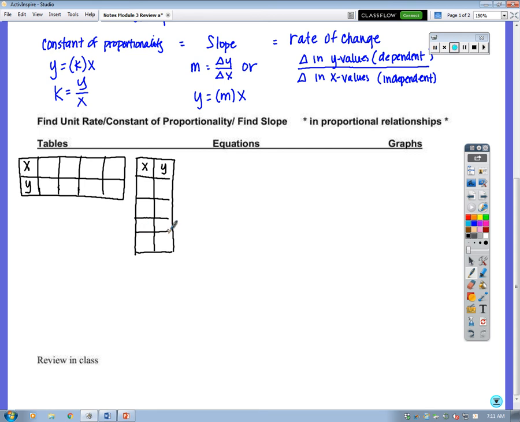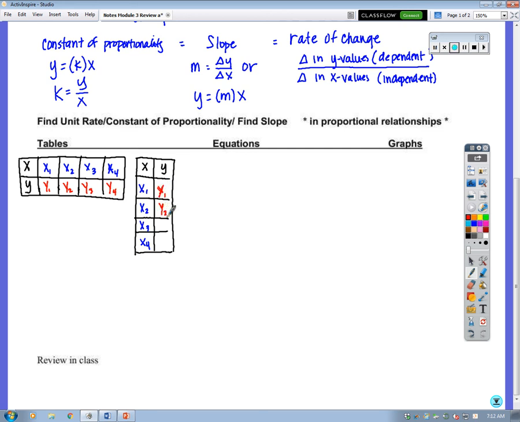So we've got our first x value, our second x value, our third x value, and our fourth x value: x1, x2, x3, x4. And then for our y values, we would have y1, y2, y3, y4, with little subscripts.